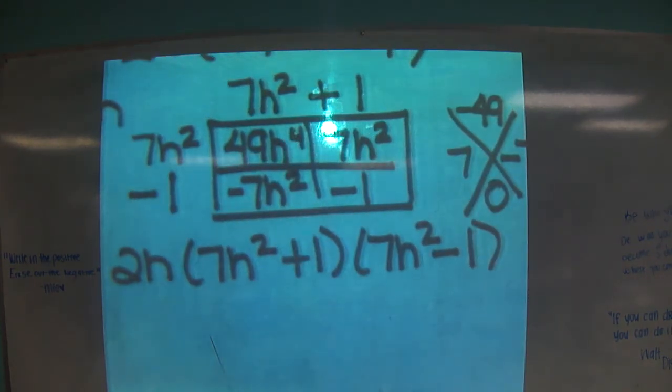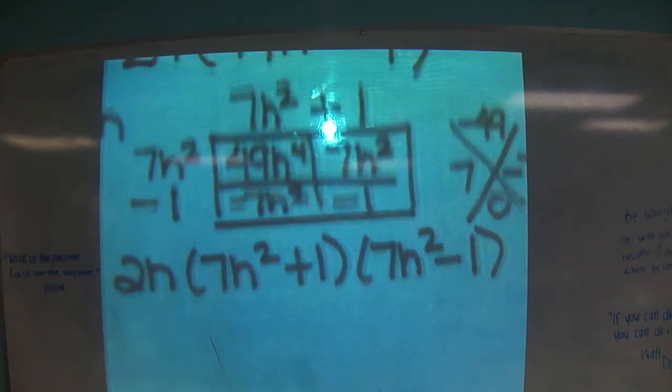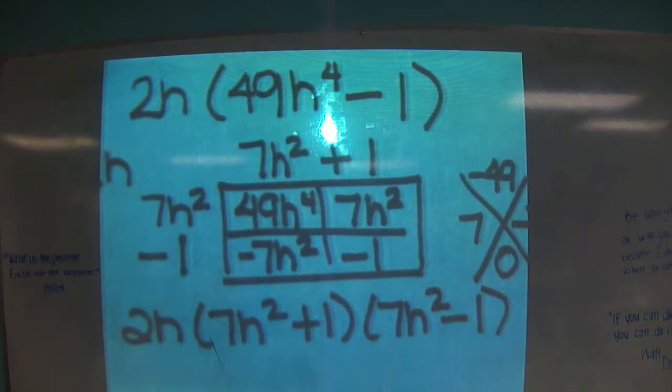And if I told you that when I saw that 49h to the 4th minus 1 and knew that 49 was a perfect square and h to the 4th was a perfect square and 1 was a perfect square, I knew just by looking at it the square root of 49 was 7, the square root of h to the 4th was h to the 2nd, and the square root of 1 was 1.